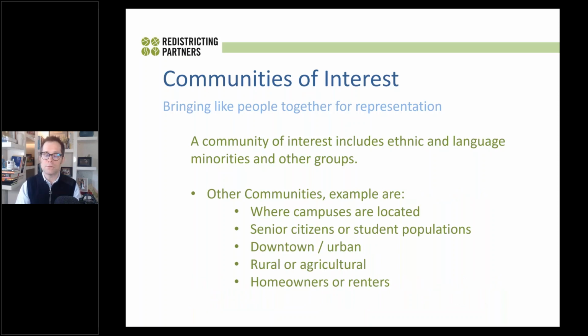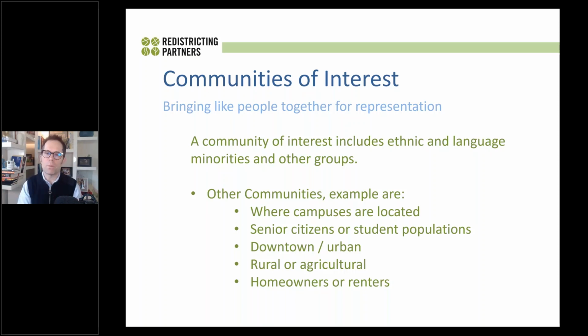Other communities of interest are the softer communities of interest, things like where the student populations are, maybe where an area of the city or the school district boundaries is more seniors, or more rural or urban or downtown areas. We did a community college redistricting that always stands out in my mind, where there was a large agricultural area within the community college district.